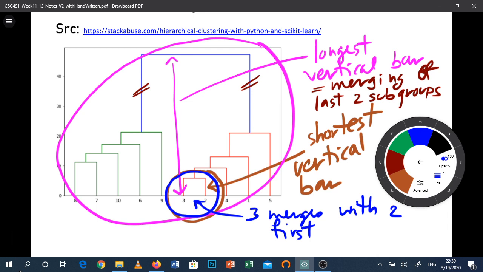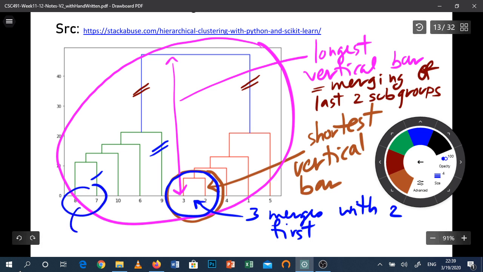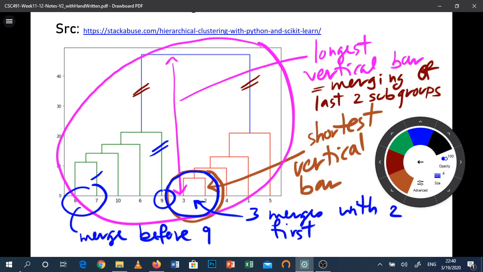Also, the implication for any other height, for example, if this height is a lot taller than this height, that means 8 and 7 merge first, before item 9. So you can see that the vertical bar does tell the order of the merging with the next most similar members of the data items.